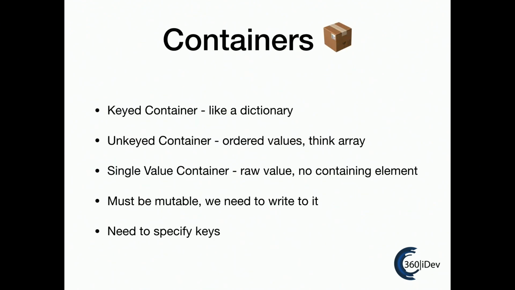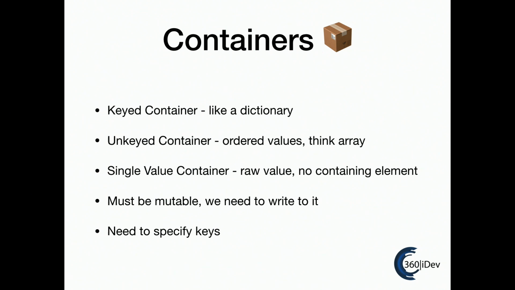So the first thing that you need to know about if you're going to create manual encoders or decoders is containers. And the way I think of containers is like a box that you're going to put stuff in. There's 3 types. Keyed container, just think of it like a dictionary.